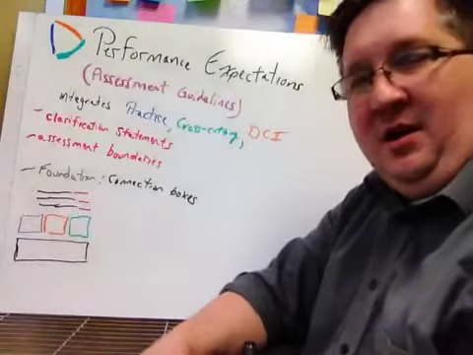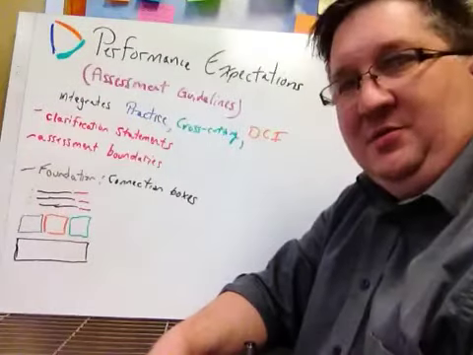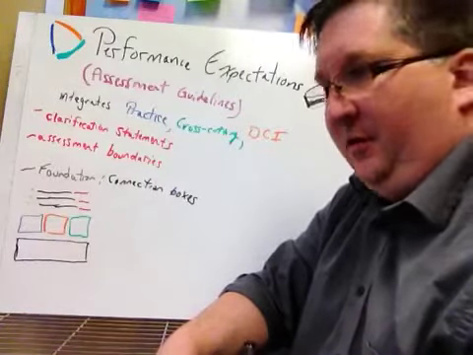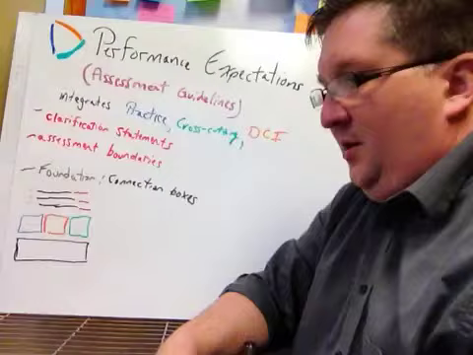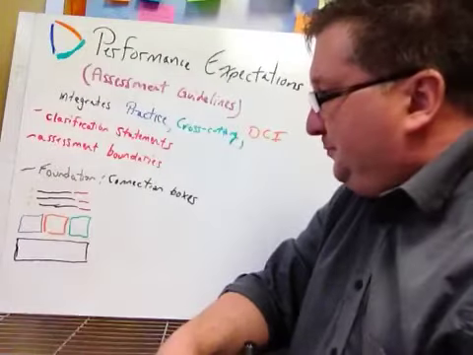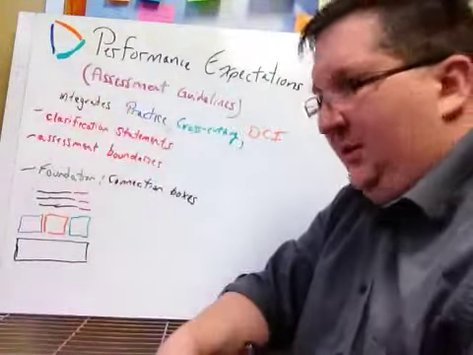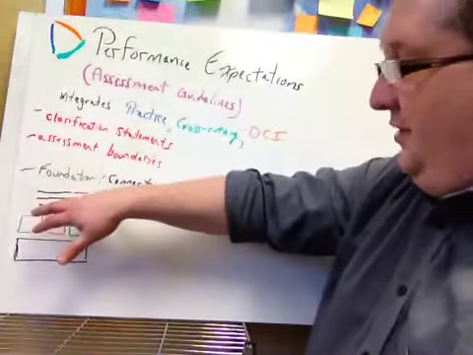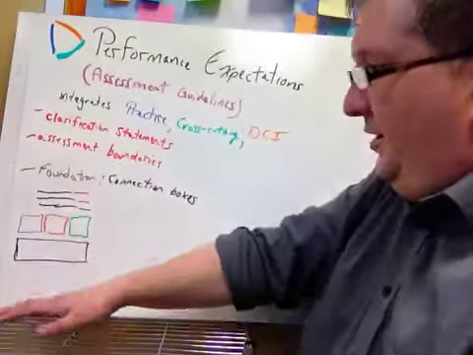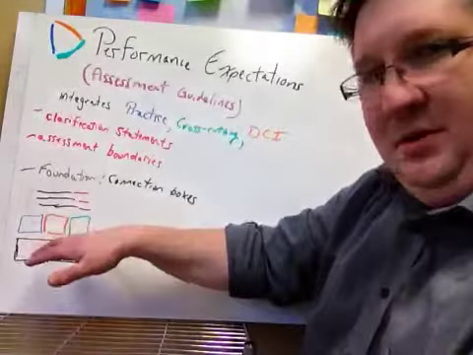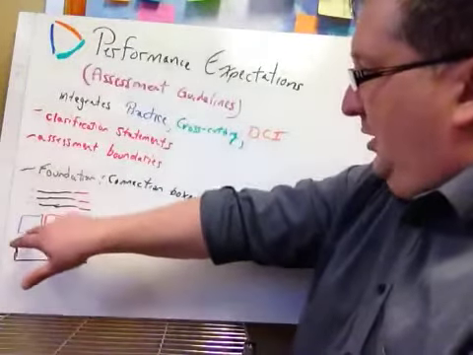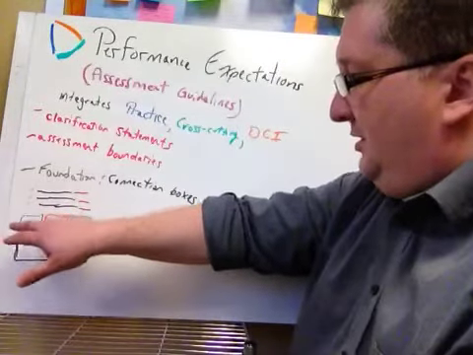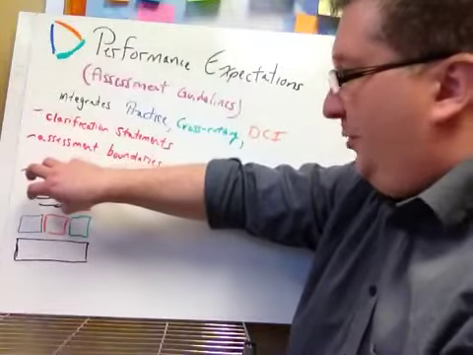The last thing I'd like to say about performance expectations as you go into looking at the final version of NGSS is the way each page of the standards document looks. So it includes these performance expectations and clarifying and assessment statements at the top. And then you have what are called foundation boxes. So the foundation boxes show directly from the Framework for K-12 Science Education the text that explains what's happening in these performance expectations.